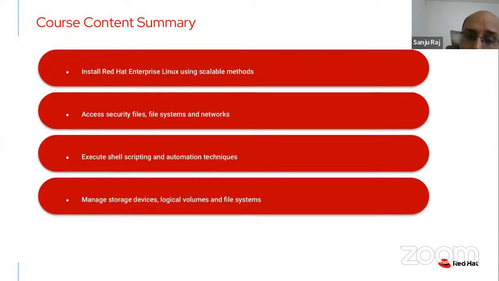We also learn about how to manage our storage devices, our logical volumes, and file system. Now, when we think about logical volumes, it's like you have got a normal disk. Once you use that particular disk, if the space of that disk runs out, what you used to do earlier, you used to replace that disk.